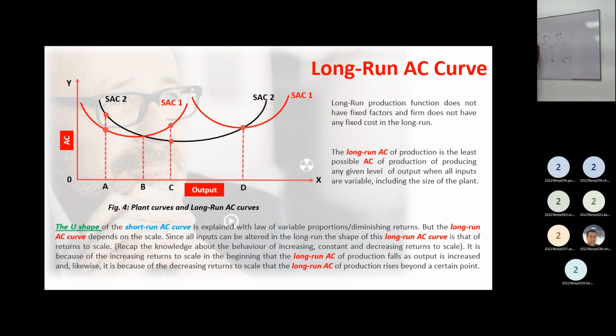So in a very simple way, these are the minimum cost points of your short run average cost curves. We can combine all the minimum cost points in your short run average cost curves and consider it as your long run average cost. So this is your long run, and these are the short run average costs you have.